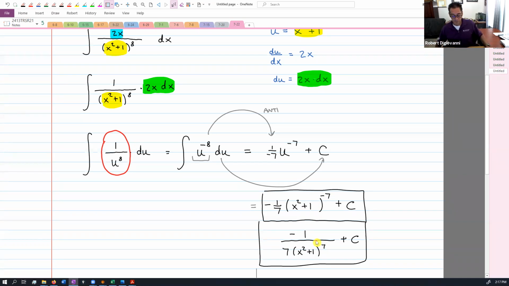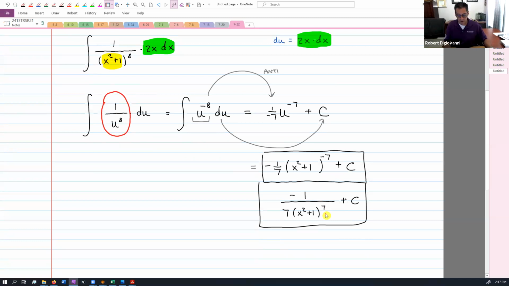Now, is that the correct answer? Well, what can we do to check? Take the derivative of it. Okay, so let's do a quick derivative of this. If I ask you to take the derivative of that right there, chain rule, right? -7 would come out. So we would have -1/7 already out there. We bring the -7 out, and then it would be x squared plus 1 to what power?